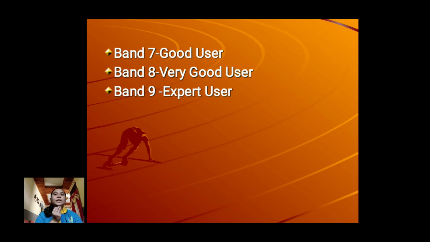The last 3 scores on the IELTS test are Band 7 good user, Band 8 very good user, and Band 9 expert user. Just like Band 6, these 3 scores above will also lead participants to pass the IELTS test.